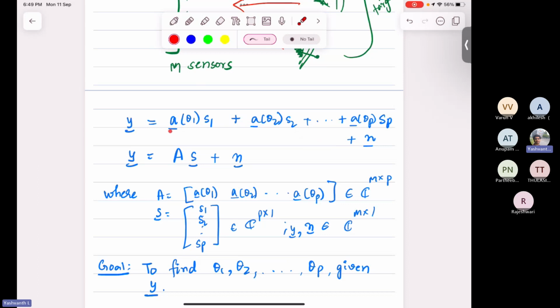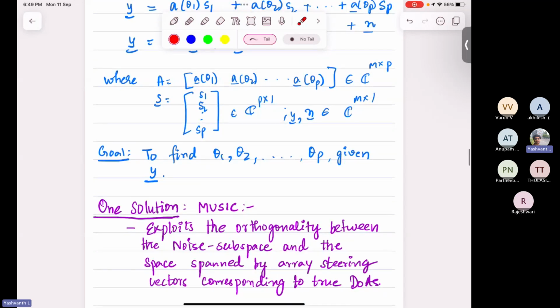You can collect all these vectors a of theta 1, a of theta 2, and so on till a of theta p in the matrix A, and collect all the signal messages from all the sources into vector S. The noise is n. So you can write y is equal to AS plus n. This is a vector equation for the received signal for p targets in the system. The goal is to find theta 1, theta 2, and so on till theta p.